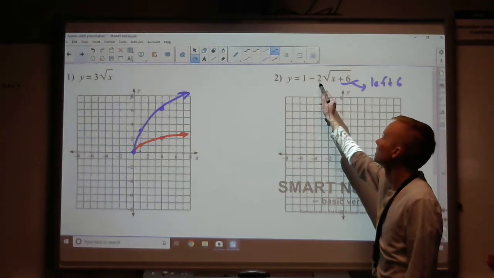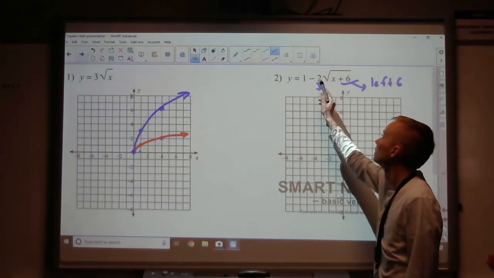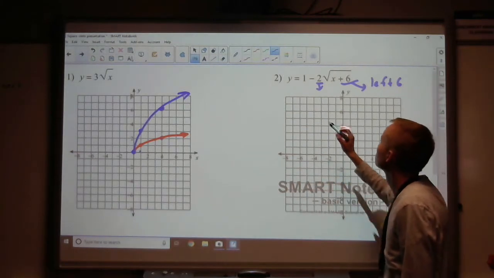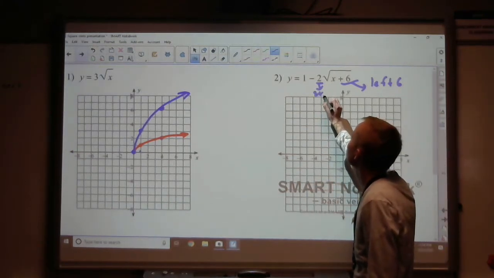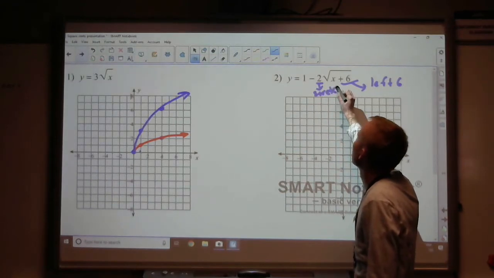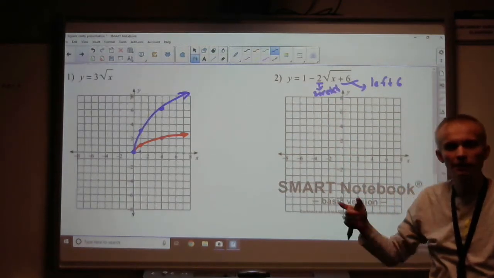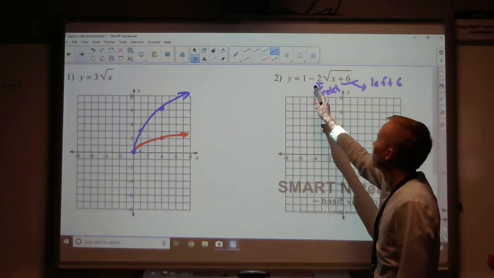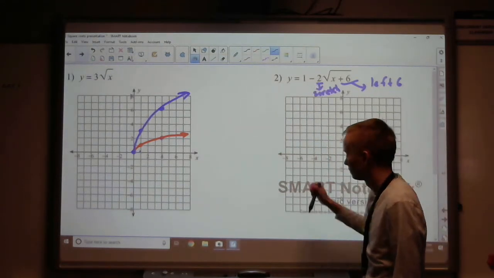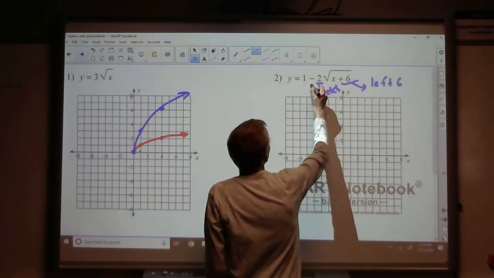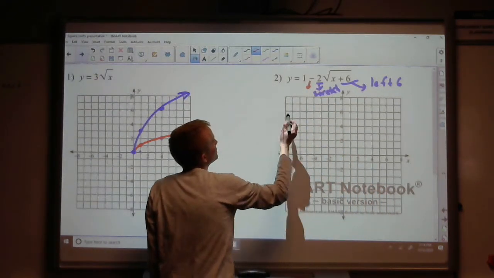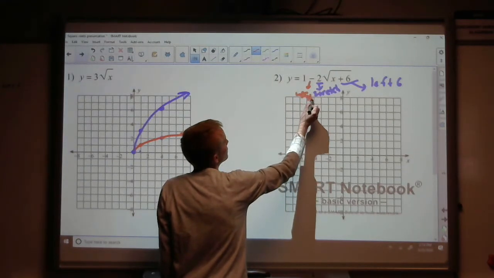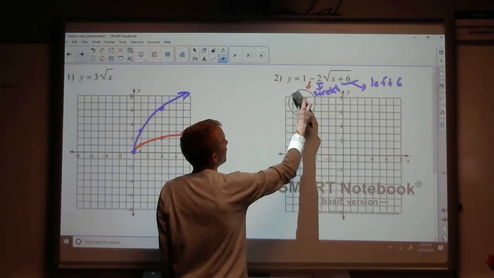Now, what does the 2 do? It's timesing by the square root. So this is a stretch. And that doubles all my y values. Okay? The negative here, this means it's going to be upside down. Oops, sorry, let me rewrite that.